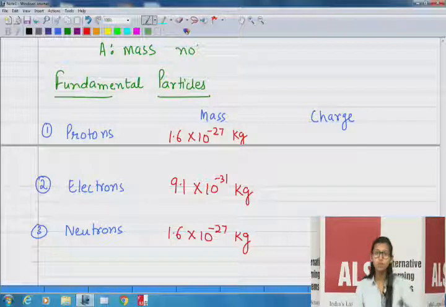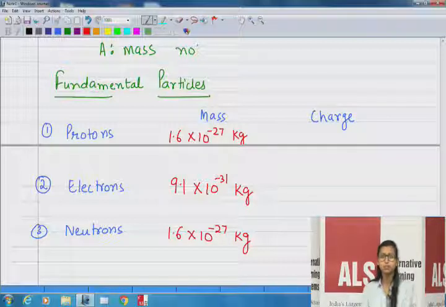Now the charge. You might know about positive and negative. If you don't know the value of the charge, just tell me the sign. What is the charge on the proton, what is the charge on the electron, and do you know the charge of the neutron?